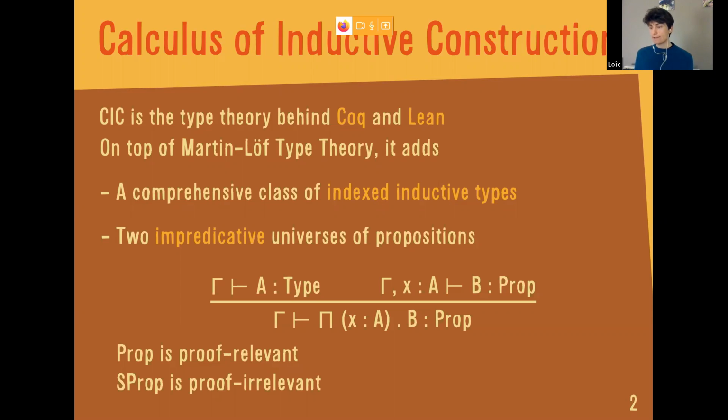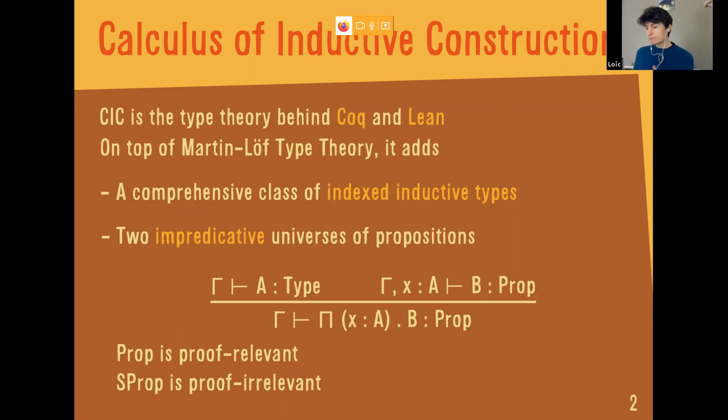Impredicative means that this universe is closed under arbitrary quantification. So if we have a proposition B that depends on a type A, then the dependent product Π A B will live in the same universe of propositions as B, even if the type A happens to be much larger.